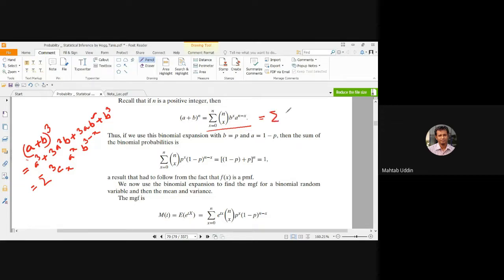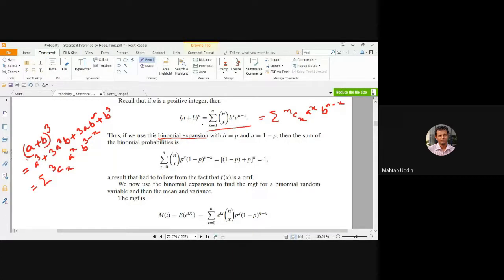It is also valid for nCx, a to the power x, b to the power n minus x. It doesn't matter which one you take first, a or b. In both cases, it's (a plus b) to the power n. Do you understand? This is the binomial expansion you did at intermediate level.